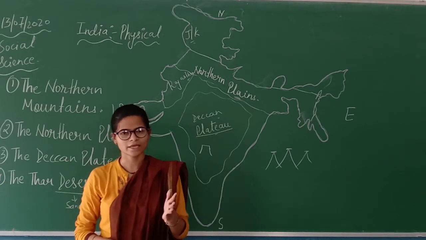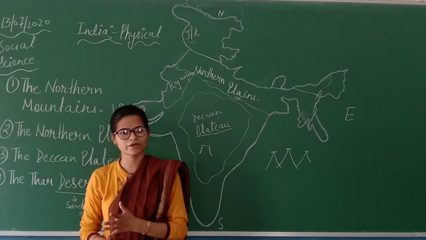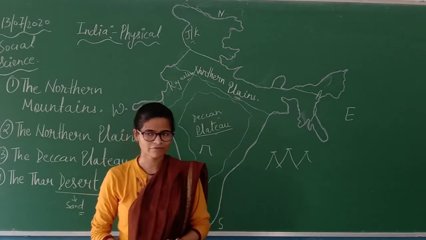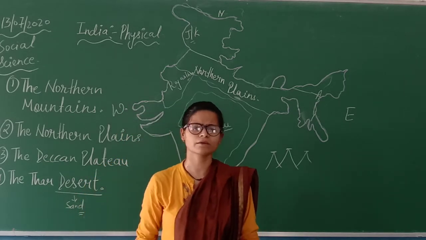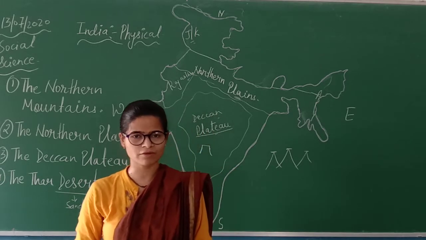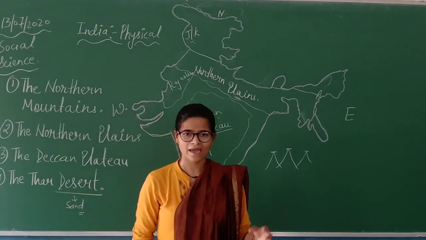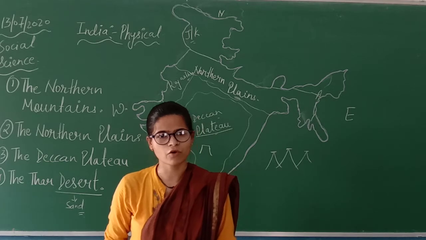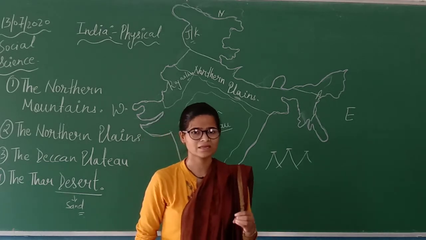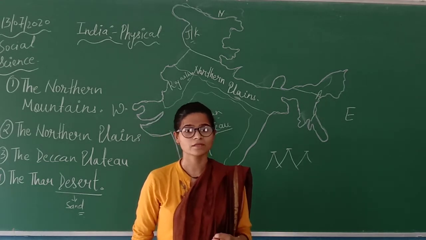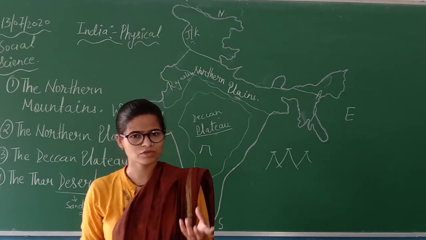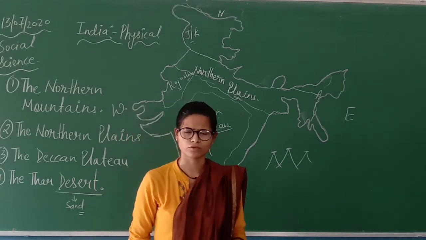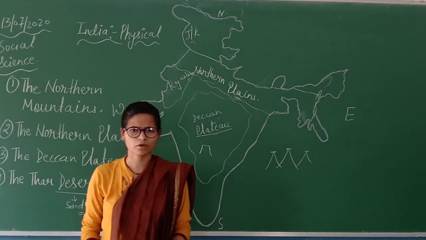And here people live a very hard life. Why hard life? Because of the sand all over. Very rare plants or trees are found here. The availability of water is also very less, and the rainfall, in a year it receives very little rainfall, 1 or 2 rainfalls maybe.